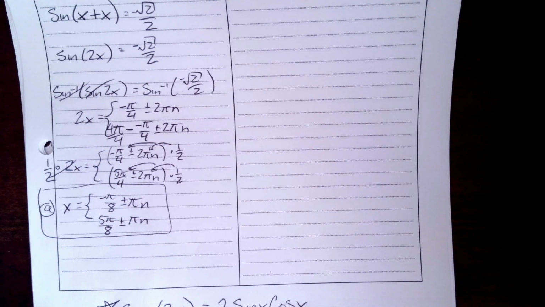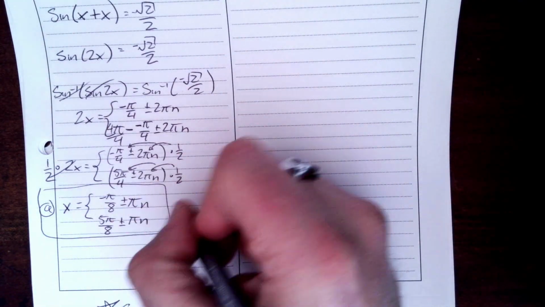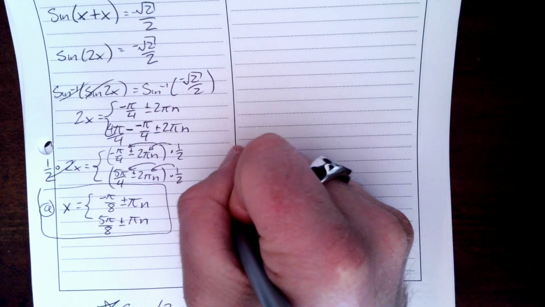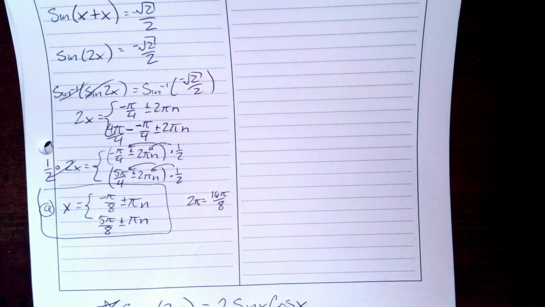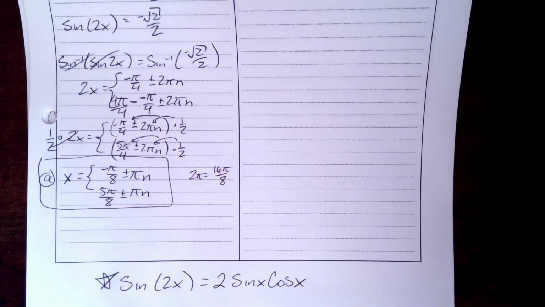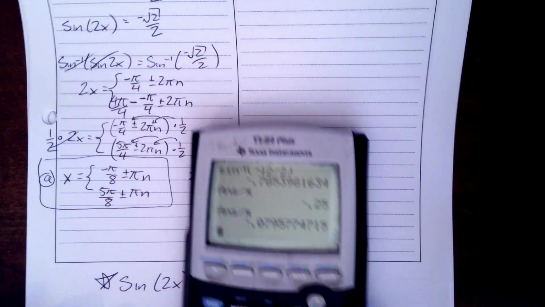And then we wanted the particular solutions between 0 and 2 pi. Well, if we're looking at over 8, 2 pi is going to be 16 pi over 8. Negative pi over 8 plus pi.